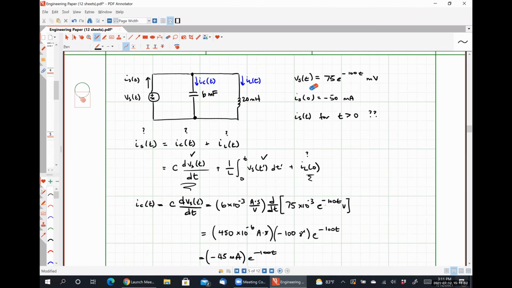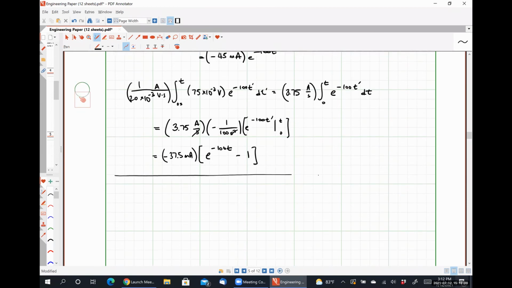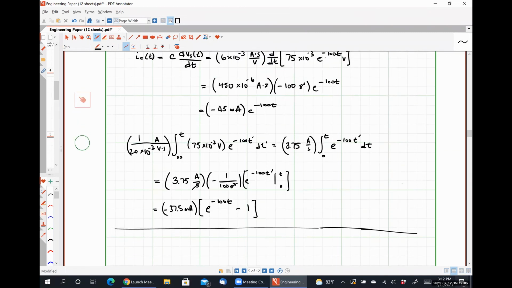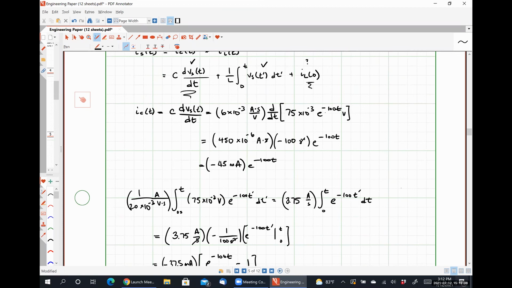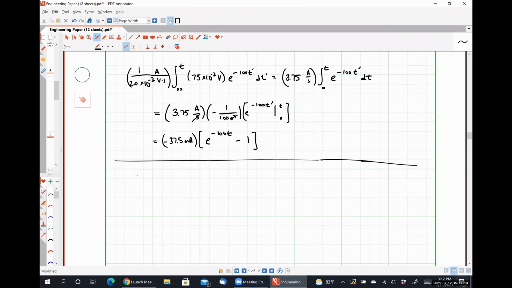So let me ask you guys a question here. Kirchhoff's current law, which is the law of conservation of charge, has to be valid in all of our circuits at all points in time. So I would argue that IS at 0 will be equal to IC at 0 plus IL at 0.